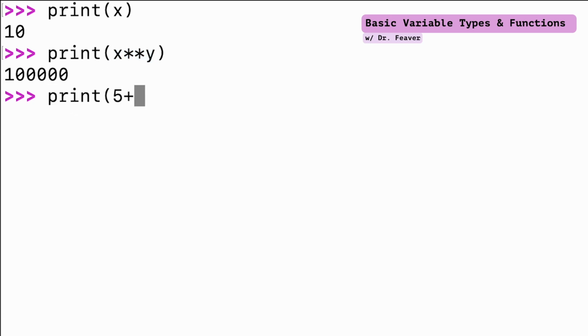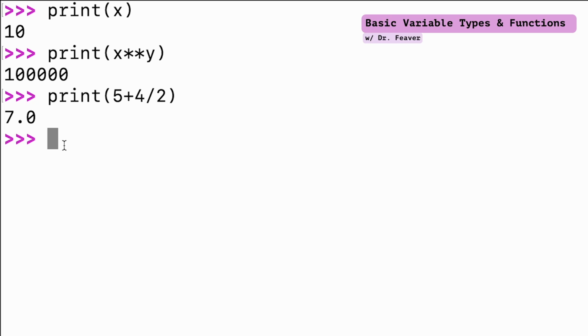To further elucidate that point, I could do print 5 plus 4 divided by 2, and we get 7.0. Something to note here with the variable types, this is a float, the output here, 7.0, even though I did 5 plus 4 divided by 2.